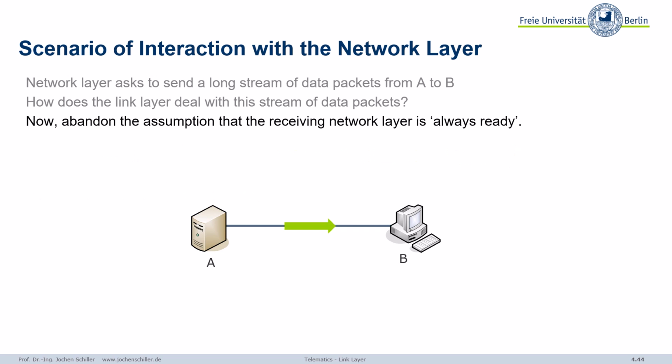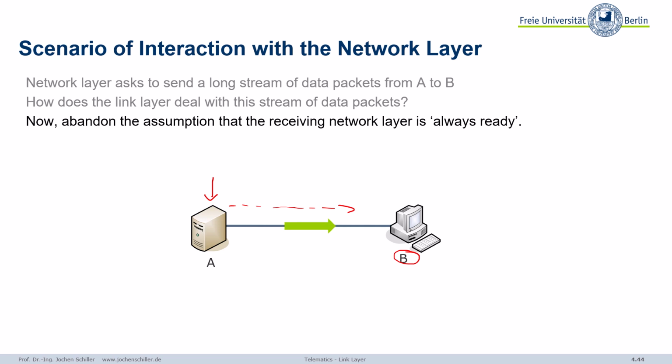So we make the scenario a bit more complex. Again, the network layer on the sender side asks to send a long stream of data from A to B. The link layer is still the simple one, but what happens if the network layer at computer B is not always ready?